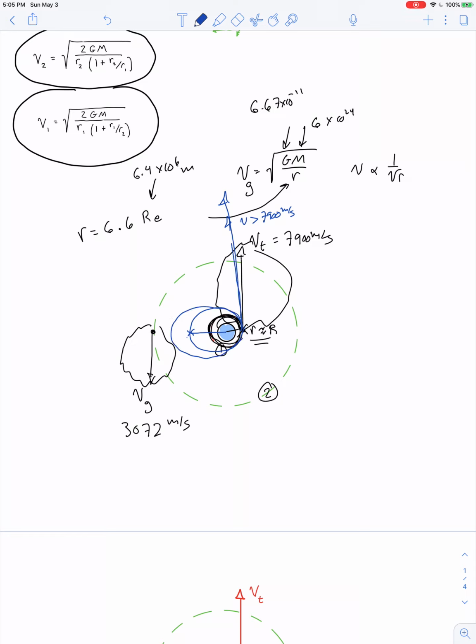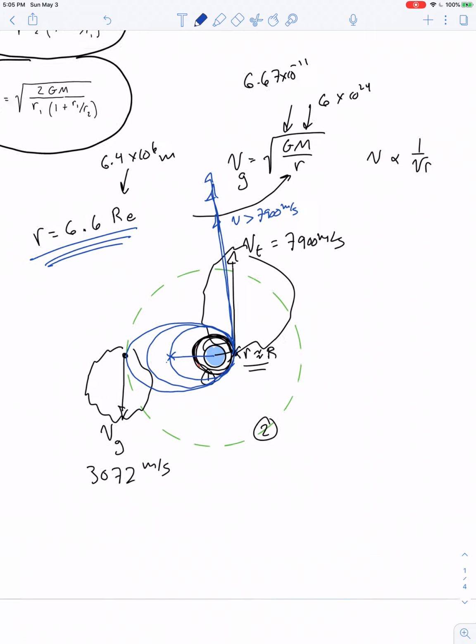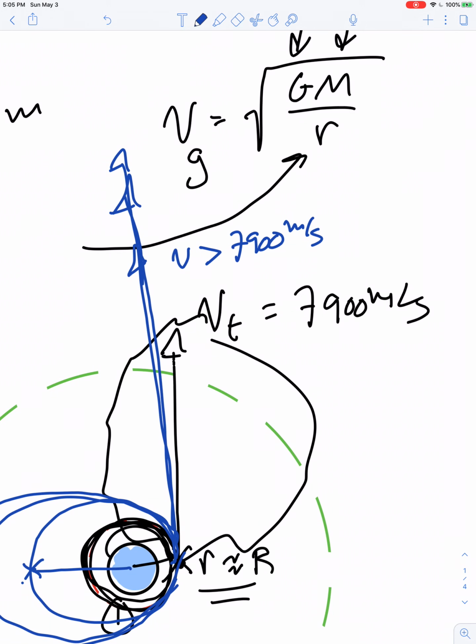If you can get the velocity to the correct value, then it'll go in an elliptical orbit, and its distance at apogee will be the same as this 6.6 times the radius of the Earth, which matches the orbital radius for a geosynchronous satellite. Now also keep in mind, we know the velocity's got to be greater than 7,900 meters per second, but it also has to be less than 11.2 kilometers per second.